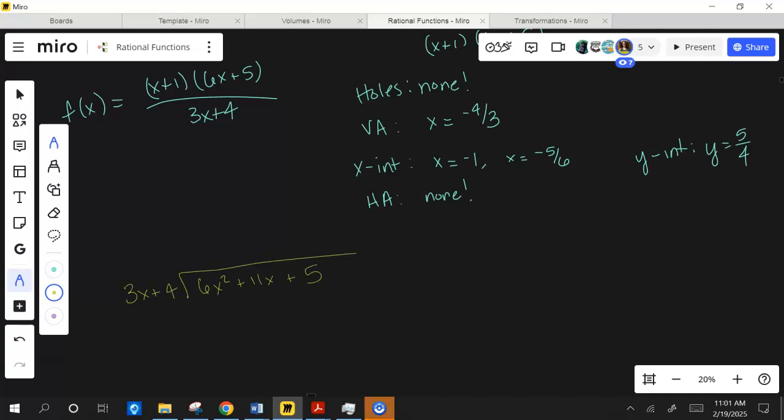All right, what do you multiply 3x by to get 6x squared? 2x. Second column, multiply around and multiply to both of them. So 2x times 3x, 2x times 4, 8x. But I'm subtracting all of this, okay? First ones cancel. What is 11x minus 8x? 3x.